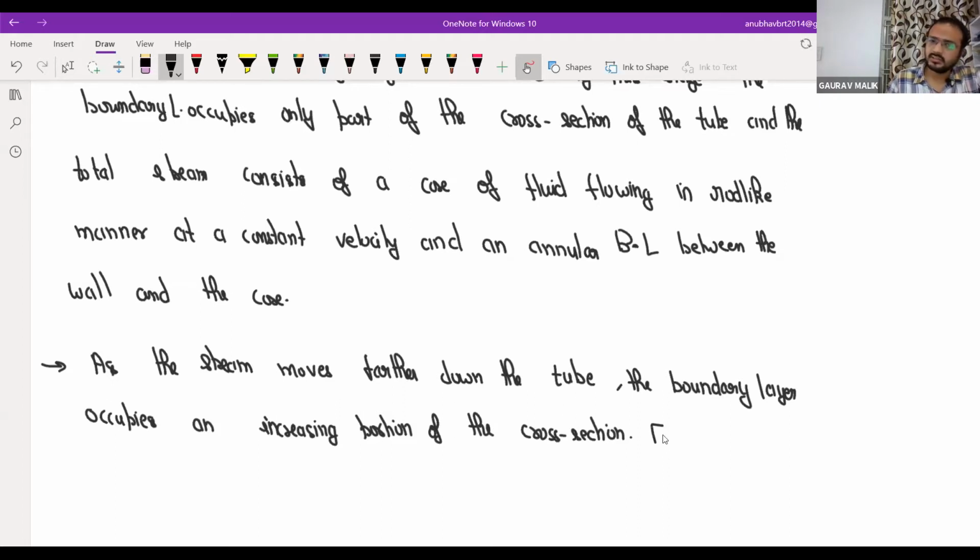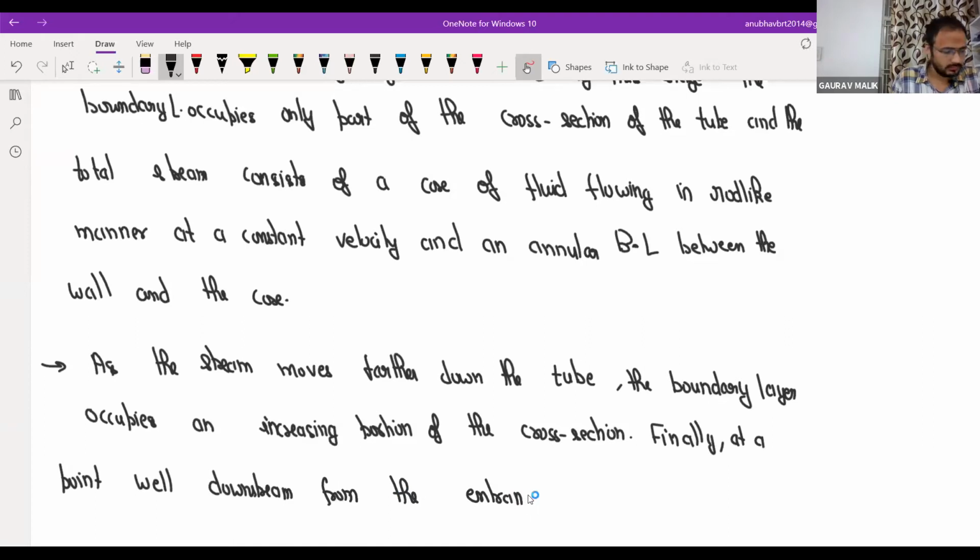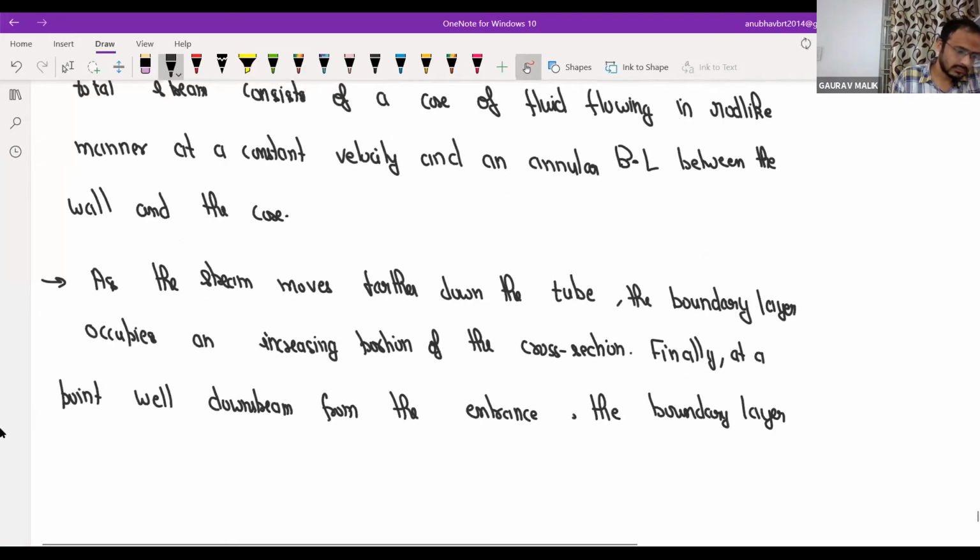After some time, finally, at a point well downstream from the entrance, the boundary layer reaches the center of the tube.